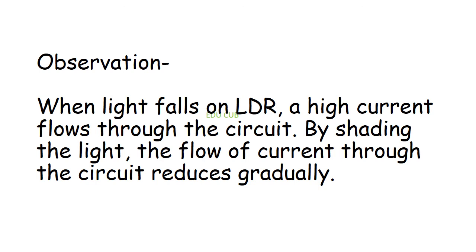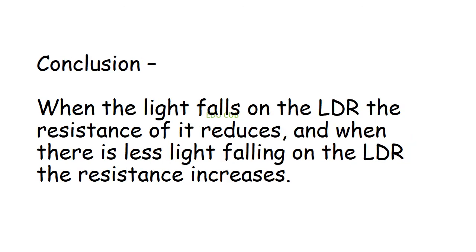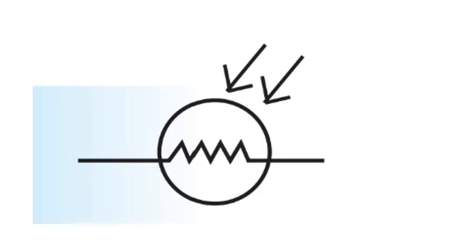When light falls on the LDR, a high current flows through the circuit. By shading the light, the flow of current through the circuit reduces gradually. This is the standard symbol of LDR.